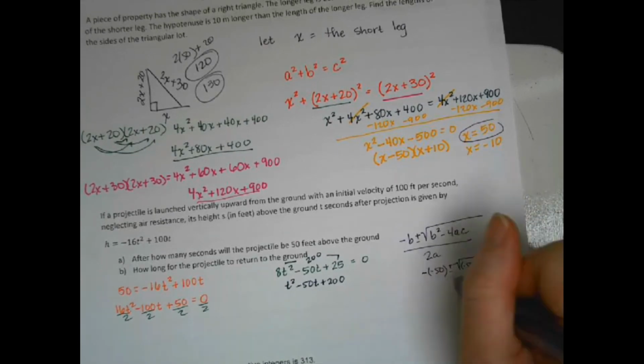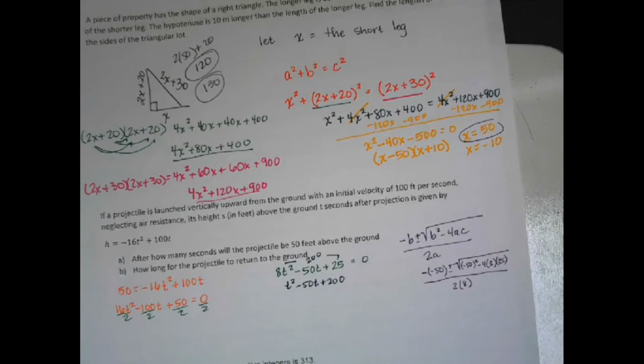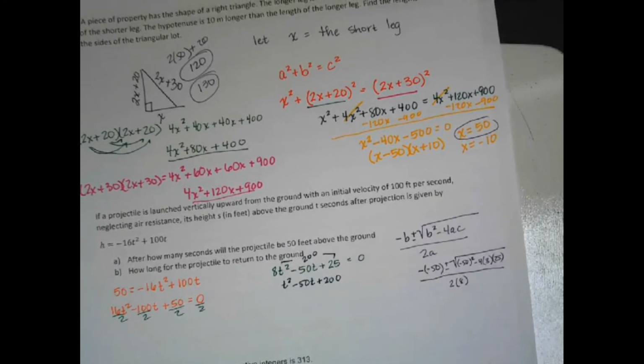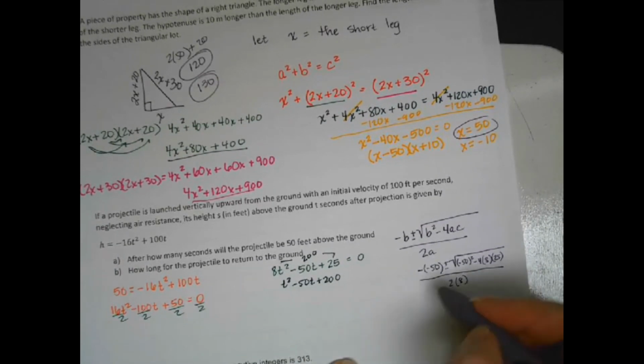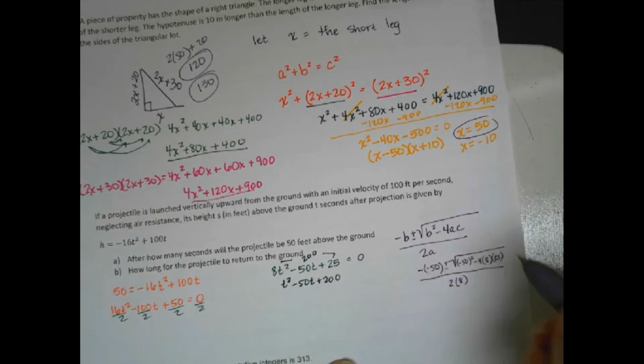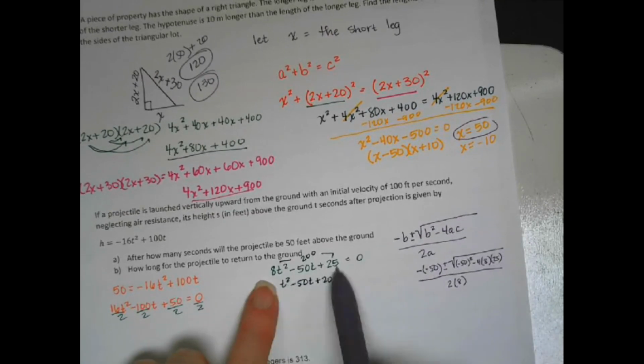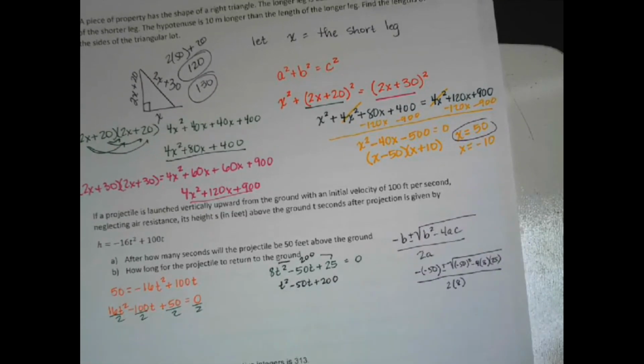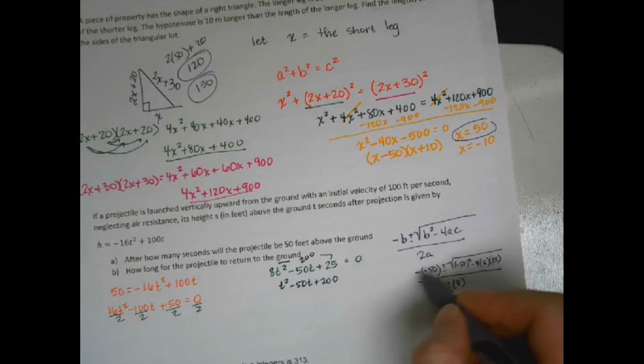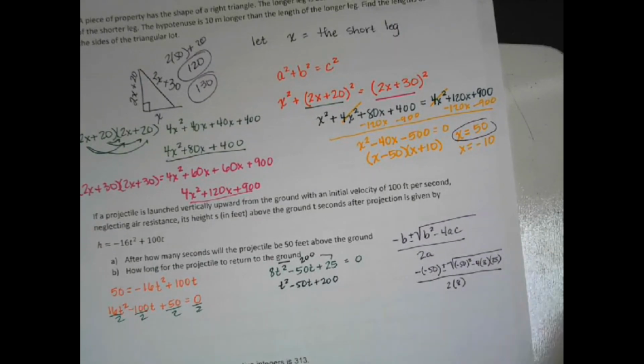I think in the end it'll be okay though. It may be some simple number. A is 8, right? Yes, A is 8. So I'm going to use the green numbers because they're not as big as the orange numbers. My negative 50 becomes positive.